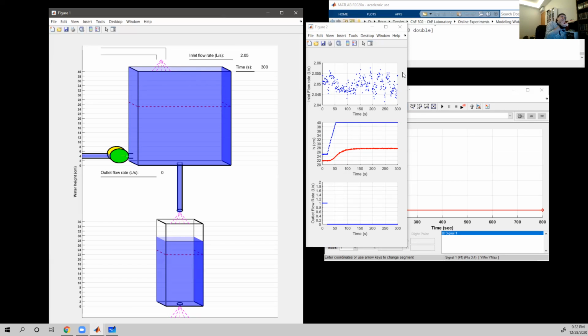That was the smallest value you could have used, and quite possibly the height of the first tank would not exceed 40 centimeters, and everything would seem okay.